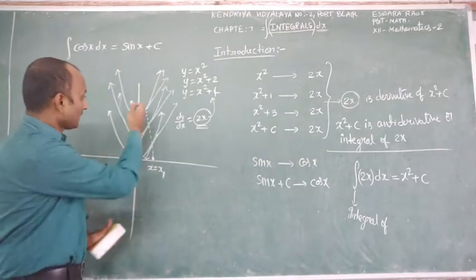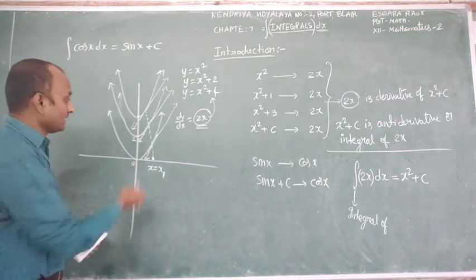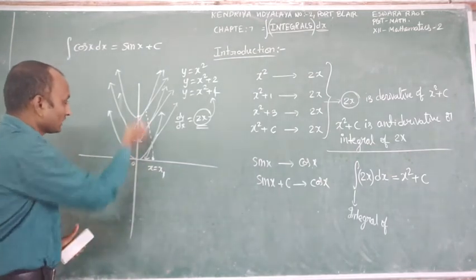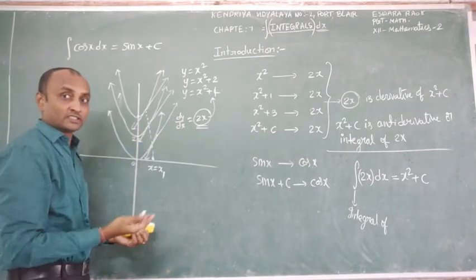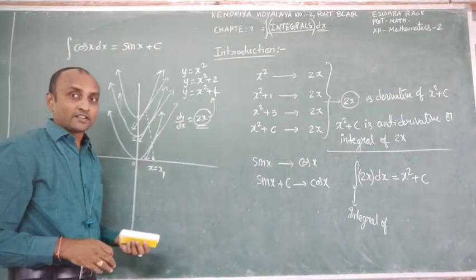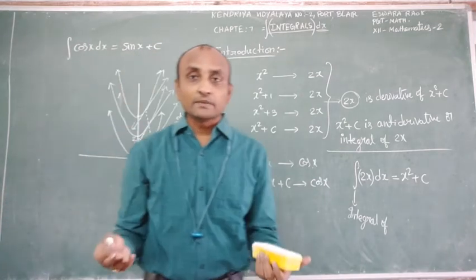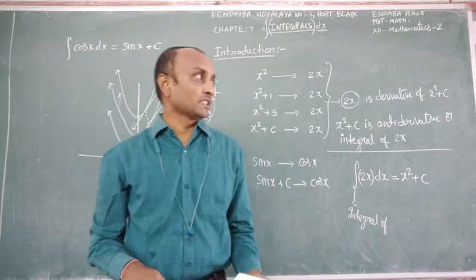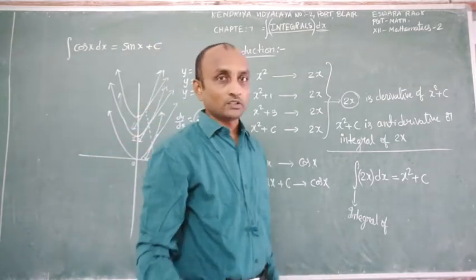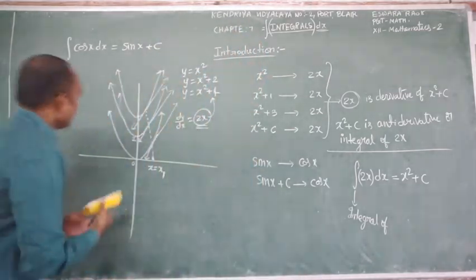This is graphically how I can explain it. At any point x equal to x1, if you draw the tangents for this series of curves, the tangents are parallel. When the tangents are parallel, dy by dx will be the same, and dy by dx means the slope of the tangent at that particular point. Okay. Next.